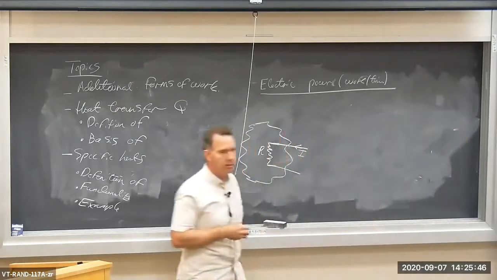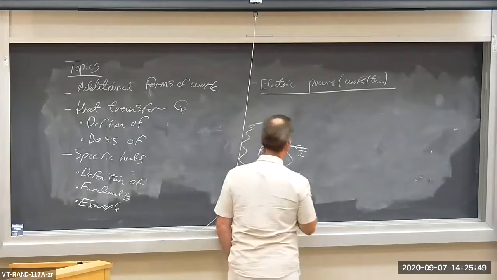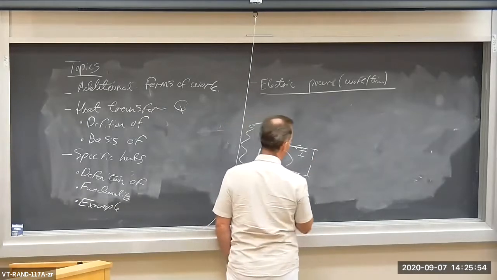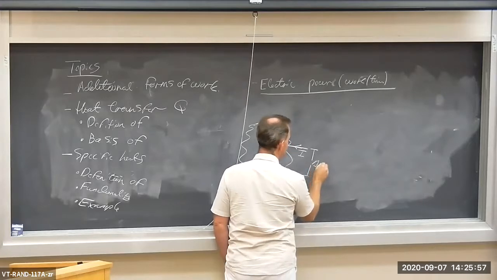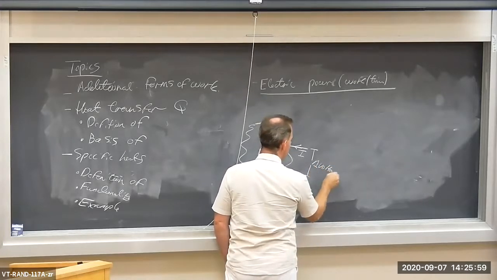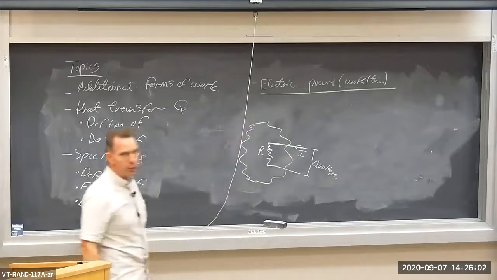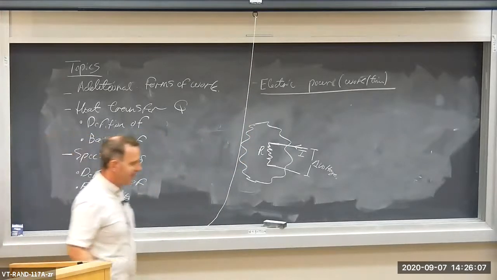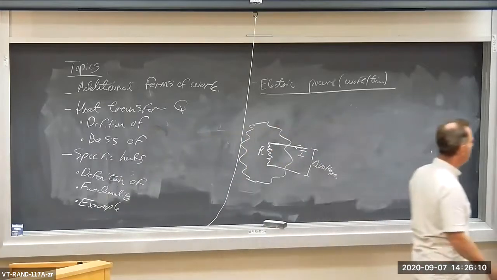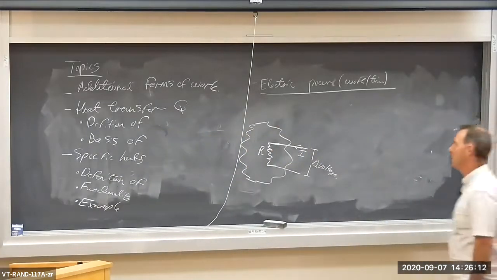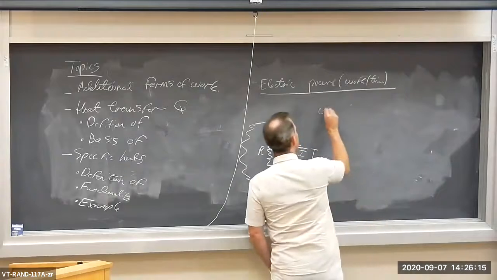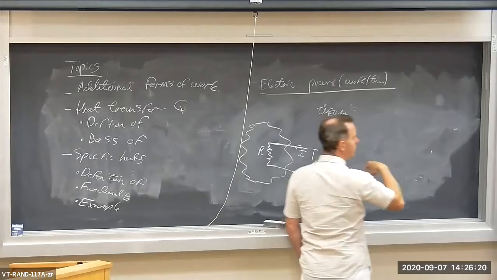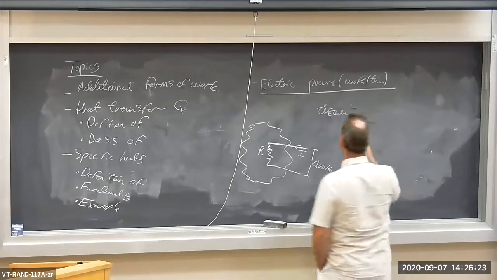And if you like, there is a voltage difference as a result of that across this resistor. So there is a delta voltage across the wire or the resistor or the device that is dissipating energy due to the current flowing through the resistance. The electric power, W dot electric, is equal to the current times the voltage.